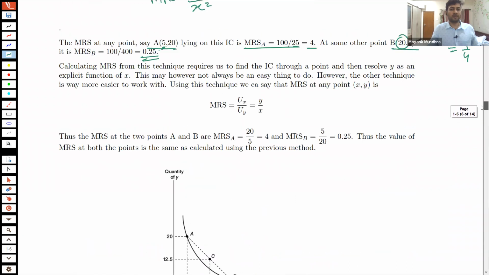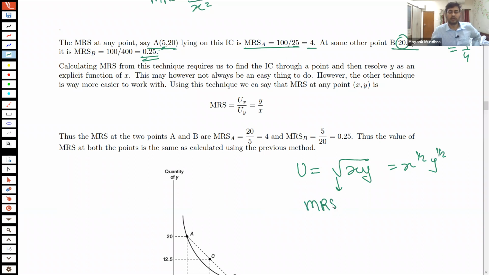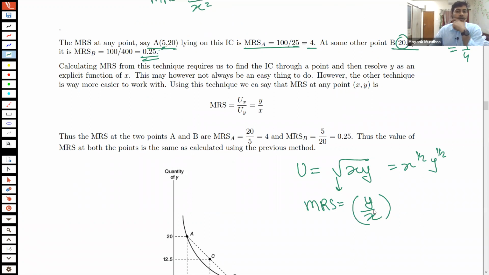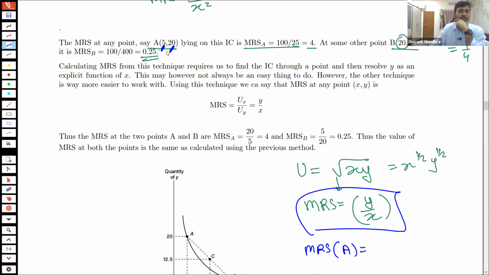Now, if I want to find the MRS using the other technique, which I just discussed, so utility equals to under root xy, which can be written as x to half, y to half. So you can write the MRS as just y by x. Okay, so I've already done this part. Now, since MRS is y by x, you can use this formula to find MRS at point A as y value, which is 20, by x value, which is 5.